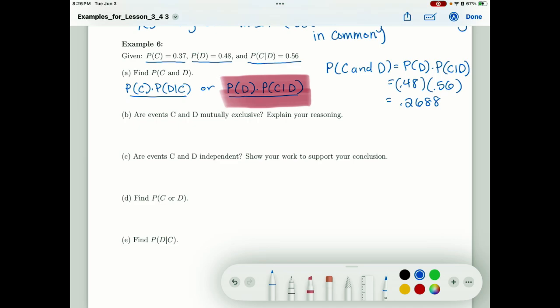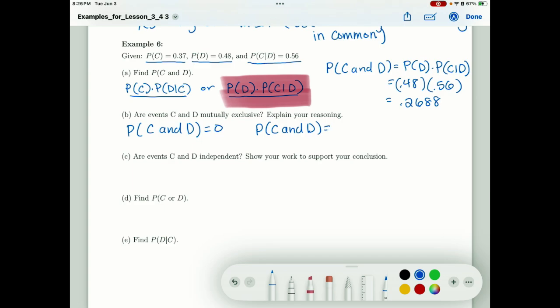Part B says, are events C and D mutually exclusive? Explain your reasoning. When two events are mutually exclusive, it means that the probability of C and D is equal to 0. They can't happen at the same time. There's no overlap. They have nothing in common.